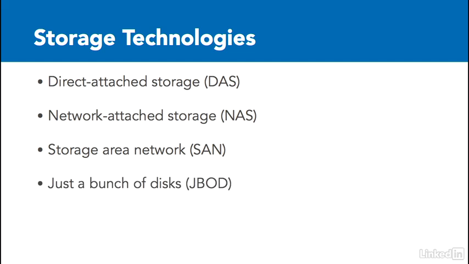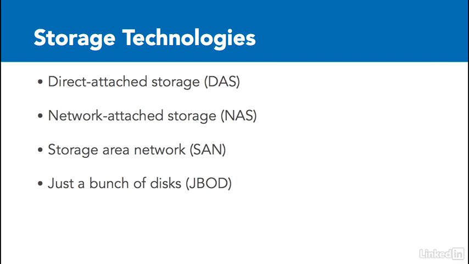And then, I always love this one, JBOD. If anyone ever talks about a JBOD storage solution, JBOD stands for just a bunch of disks. Again, this is very typically a component of direct attached storage. It doesn't have to be, but it typically is, where you just have a bunch of disks.